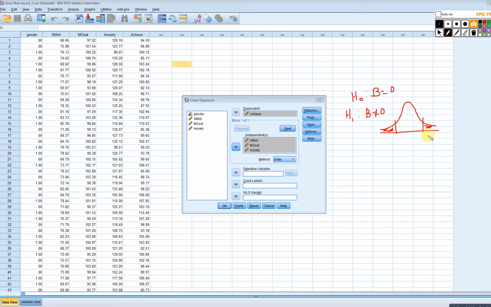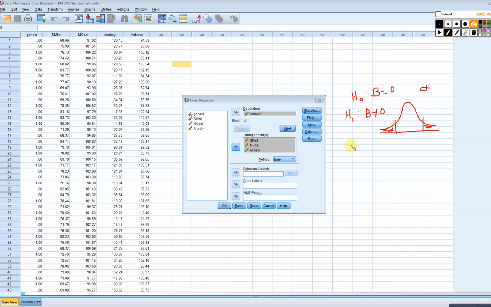And the tail itself, the threshold for rejection, is reflected in our alpha criterion. So the null hypothesis is beta is equal to 0. If our alternative hypothesis is that beta is not equal to 0, we are conducting a two-tailed test, and the p-value that is given in SPSS is for a two-tailed test.